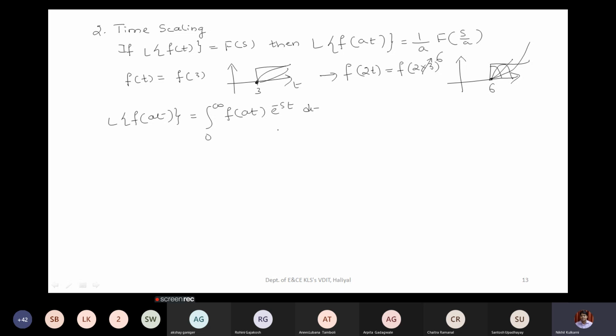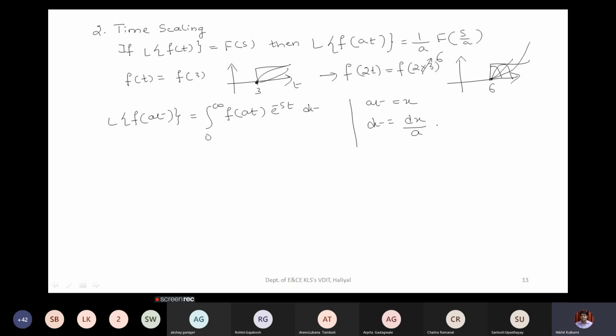It cannot be solved directly as we have different variables, so we can use a substitution. I can substitute at equal to x here. Then with respect to this, dt will be dx by a.